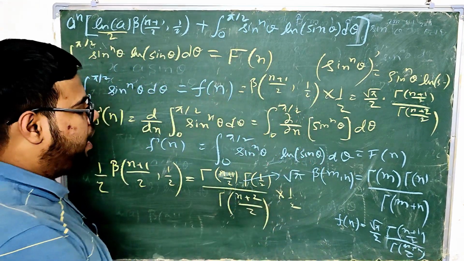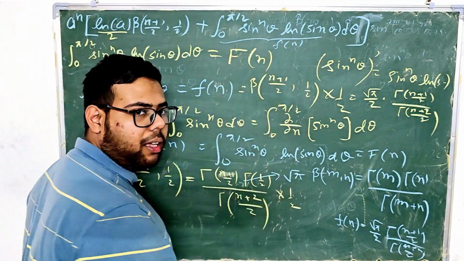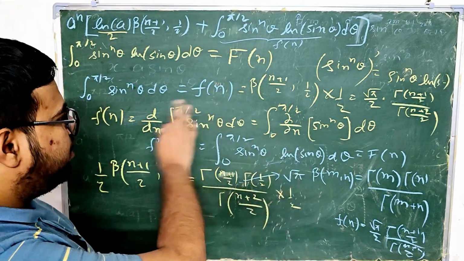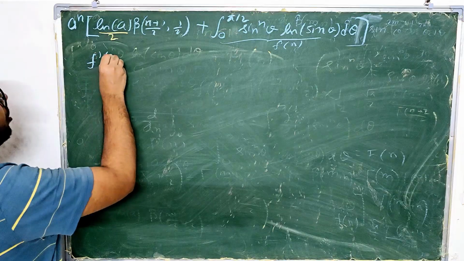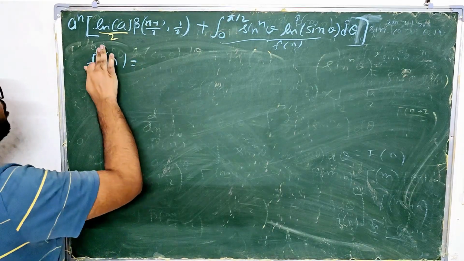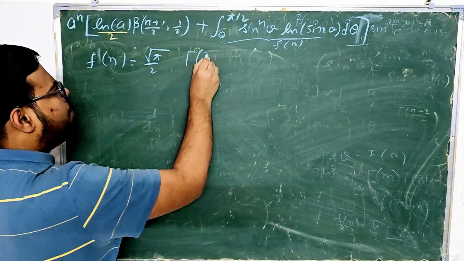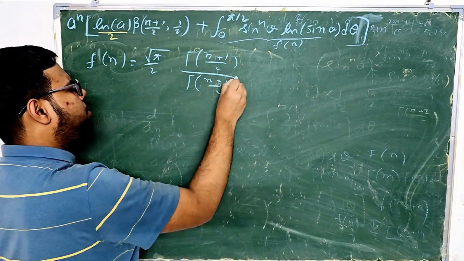Okay, and we have to find f dash of n. So now we have to evaluate f dash of n from this expression. So let's erase this and let's evaluate it now. So we had got f of n as root pi by 2 times the quantity gamma of n plus 1 whole divided by 2 over gamma of n plus 2 whole divided by 2, correct?